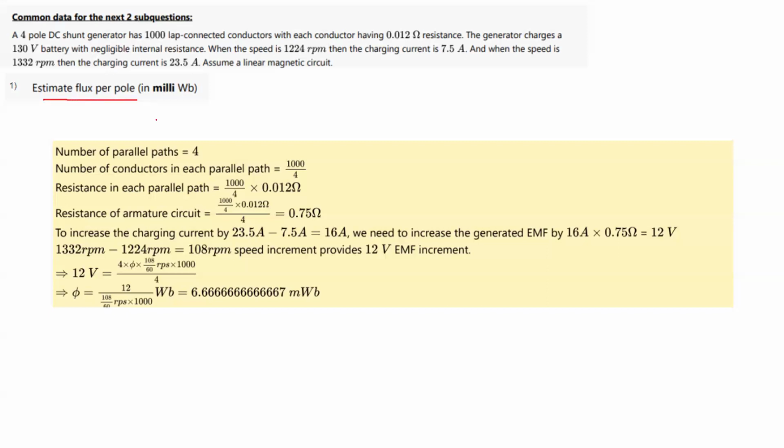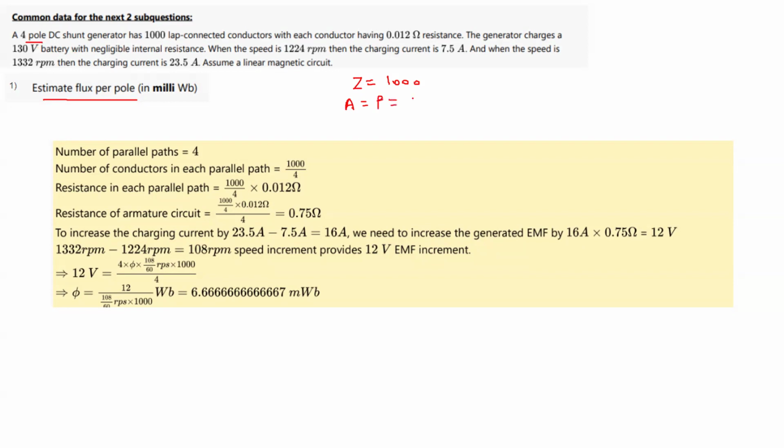Okay, so how to do it? First of all, let us write down all the things. Z is given as 1000, Z is the total number of conductors. Then what about the number of parallel paths? It is equal to the number of poles, which is 4.